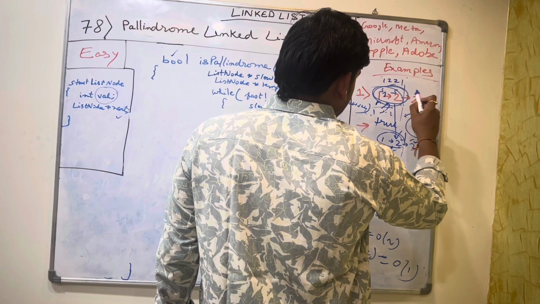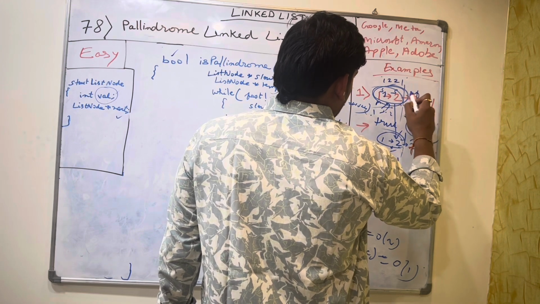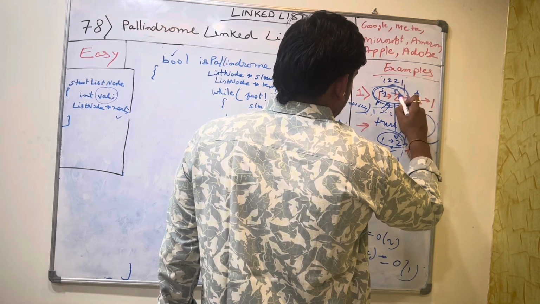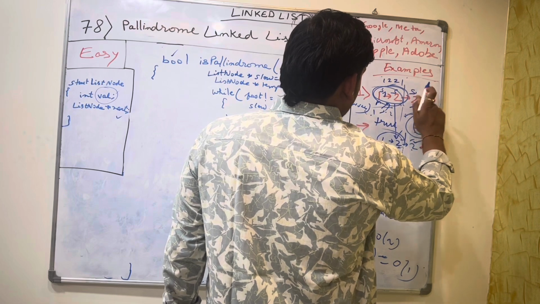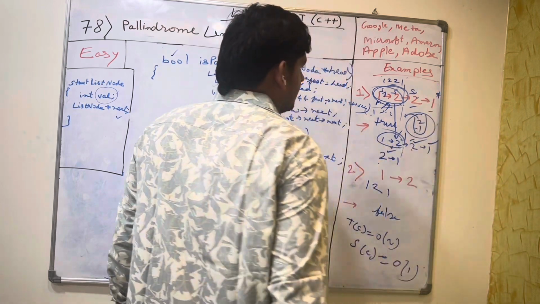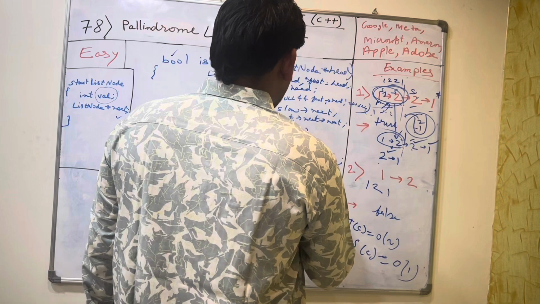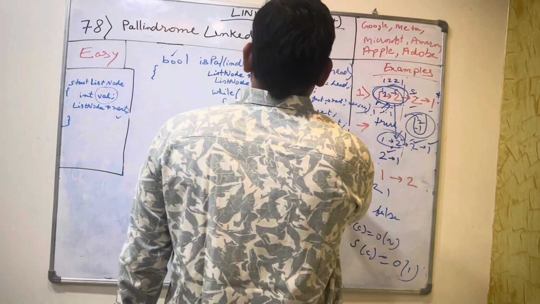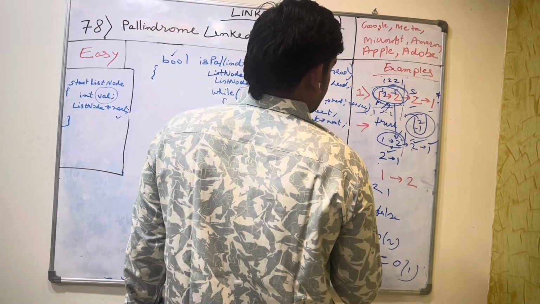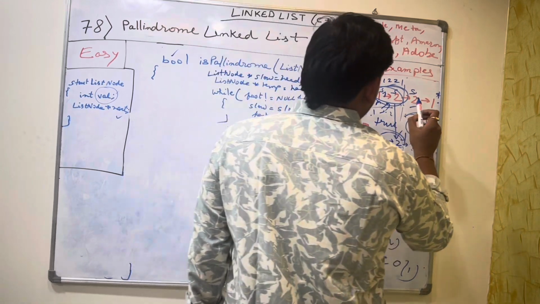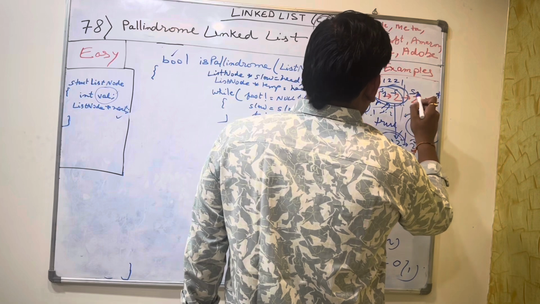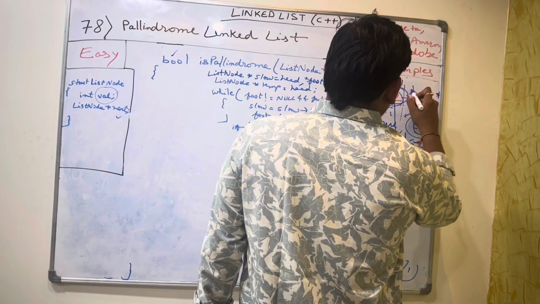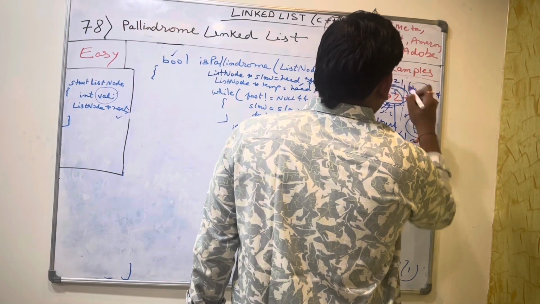Then fast next is not equal to null, so slow will be moving here, fast would be moving here, right? So in this case, since fast is null, temp is equal to slow, right? So that means temp is here in this place.